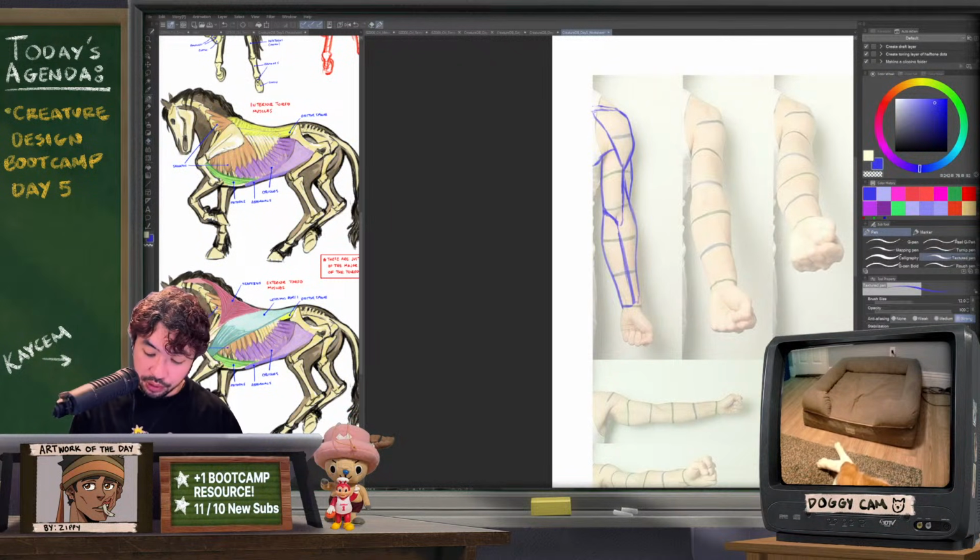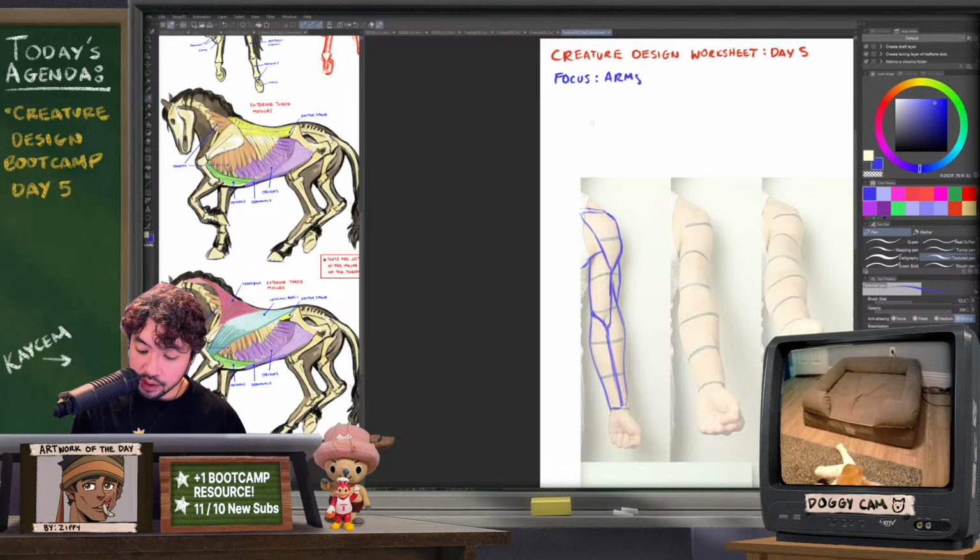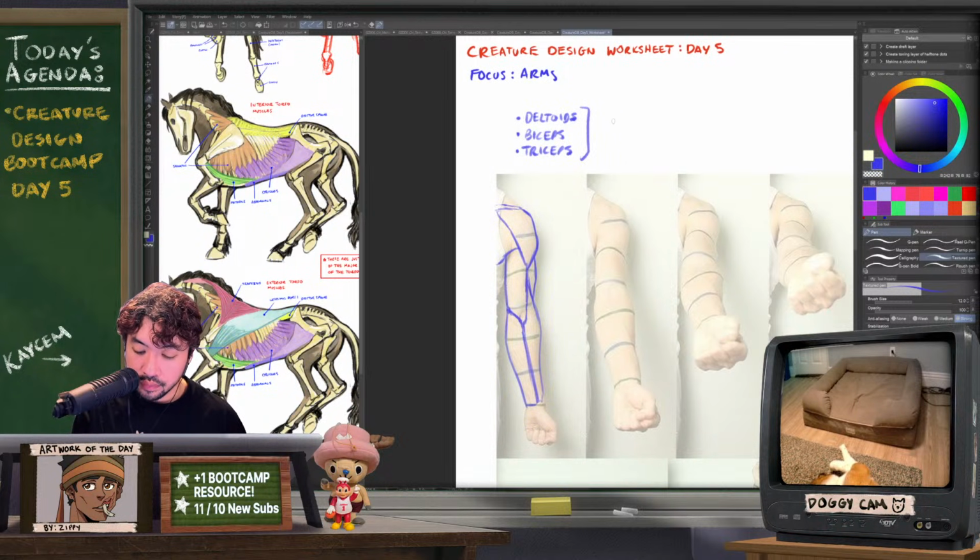So if we were to label the major muscles of the arm, it's going to be deltoids, biceps, triceps. That's going to be the upper arm. Then extensor, flexor, and ridge muscles.